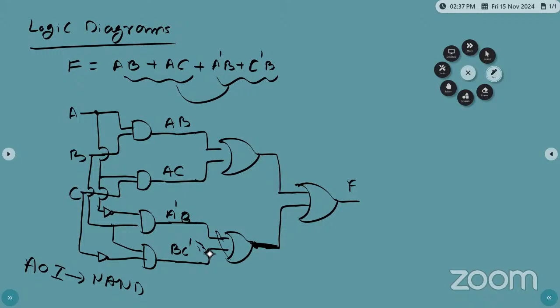Not directly replacing, but the equivalent NAND logic for this AND gate. Then that will be converted to NAND logic. But the concept is not required. This is enough for use.